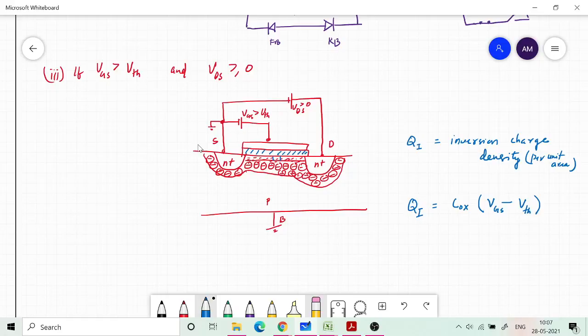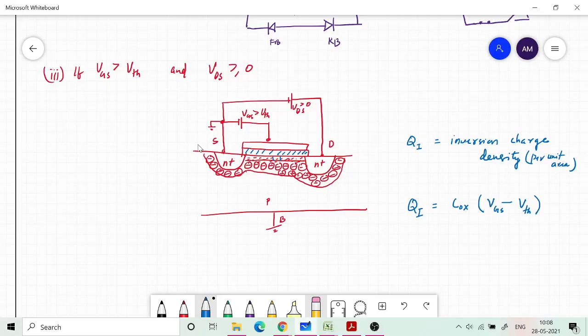The depletion region charge as well as its depth is not going to change. So in strong inversion mode it will only increase the charge of electrons in the inversion layer. And so now you can think about it like a capacitor.